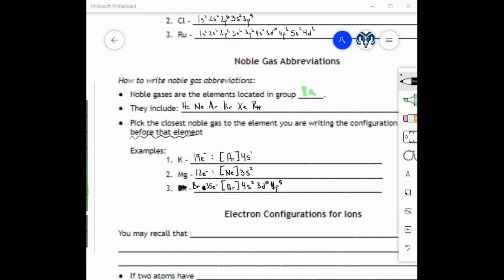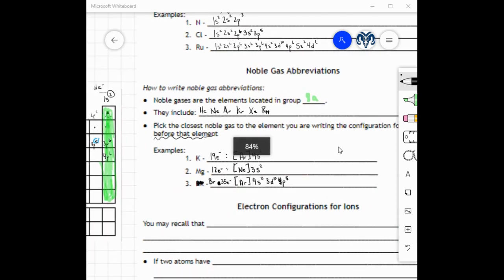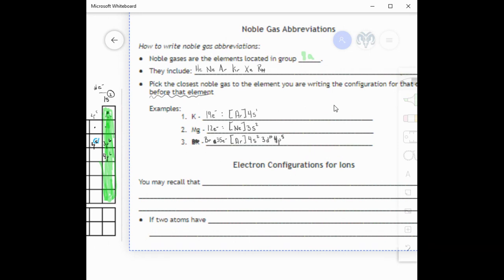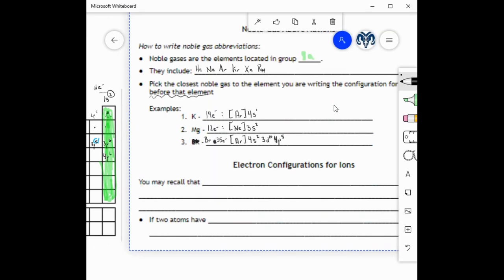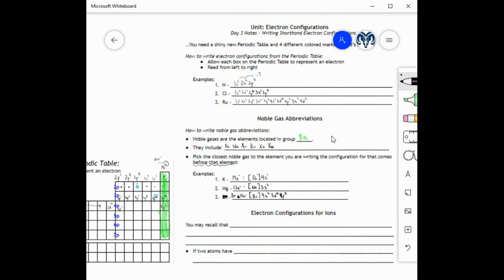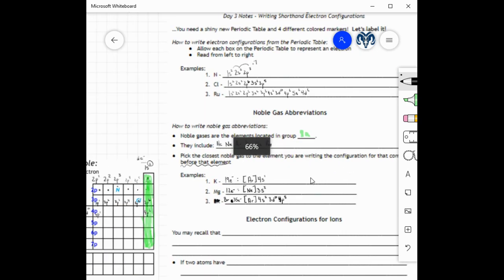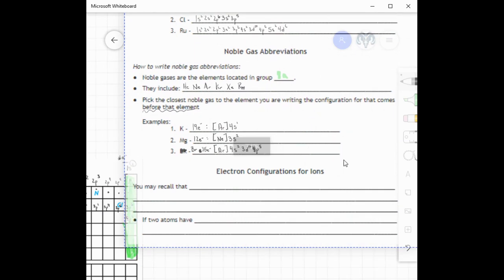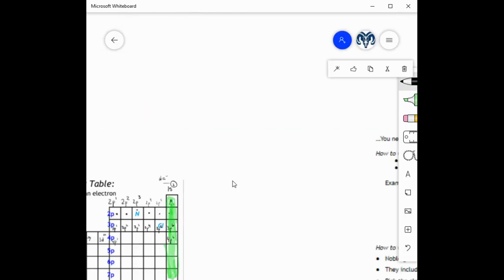Now, remember, ions are elements that have a positive or a negative charge.